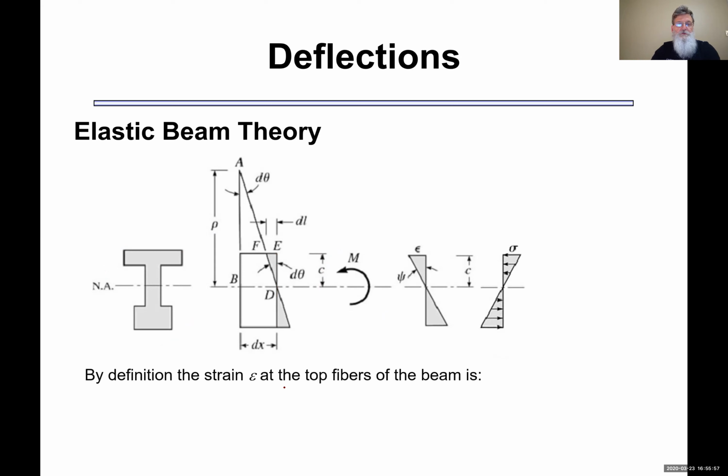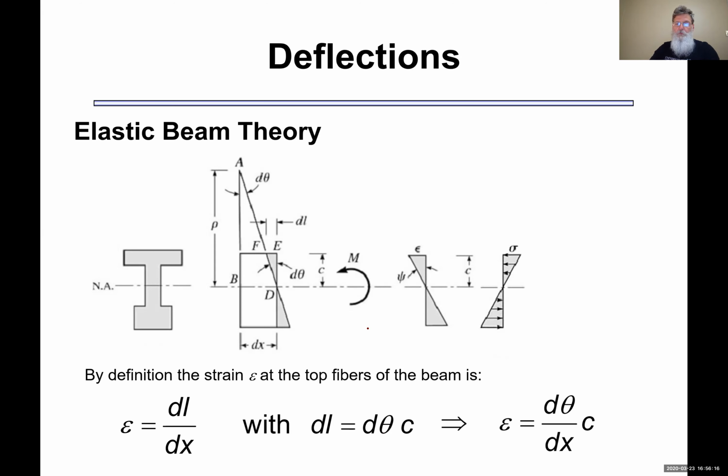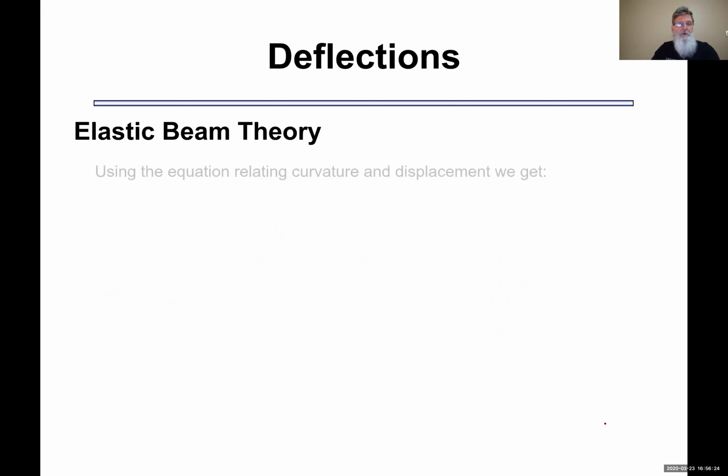Now we know strain on the top fiber is the change in length, dl, over the original length, dx, right? Change in length over original length. And we know that dl from that previous relationship can be related to θ. So I can rewrite all that and say that strain is the first derivative of slope times c. Okay, let's hold on to that for a second. We also know curvature.